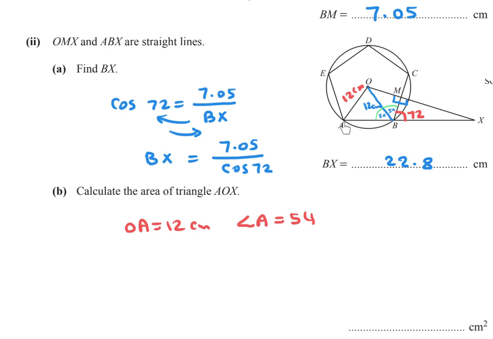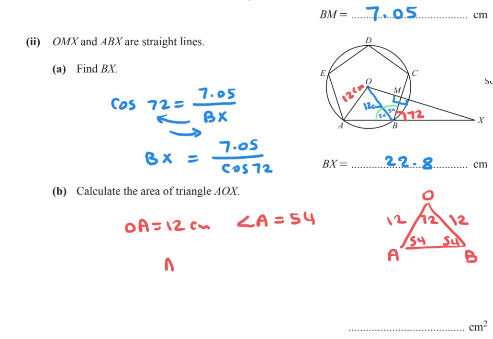We can find AB using the sine rule or cosine rule, because in triangle OAB we have the radius 12, 12, and this angle 54, 54. Then we can find the third angle, 72.